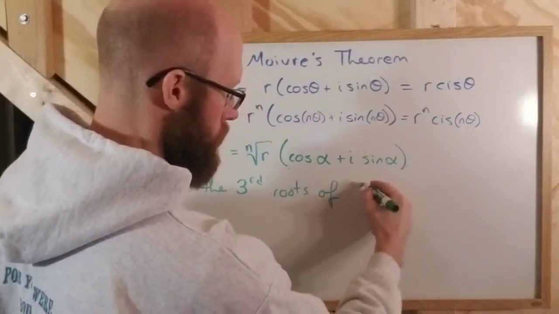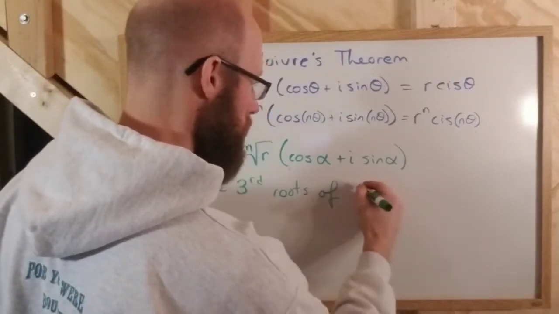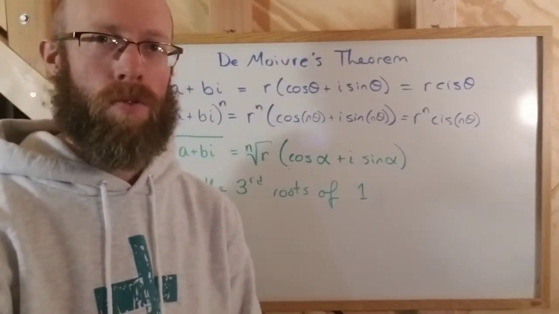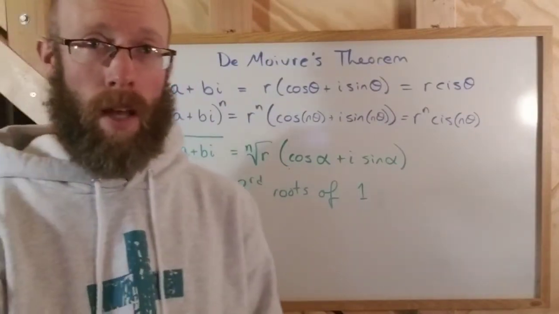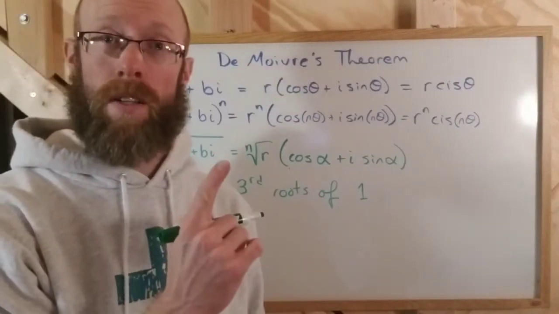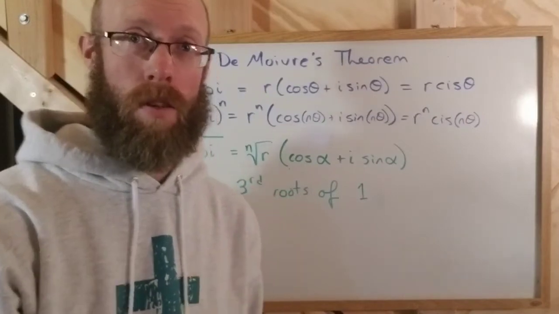Let's do 1. The third roots of 1. It's kind of interesting. Now, on the real number line, that's like the cube root of 1, which is 1, right? So 1 is obviously one of the answers, but there's two other complex number answers, right?